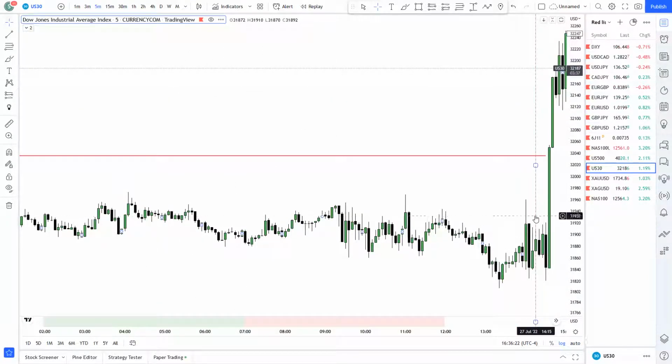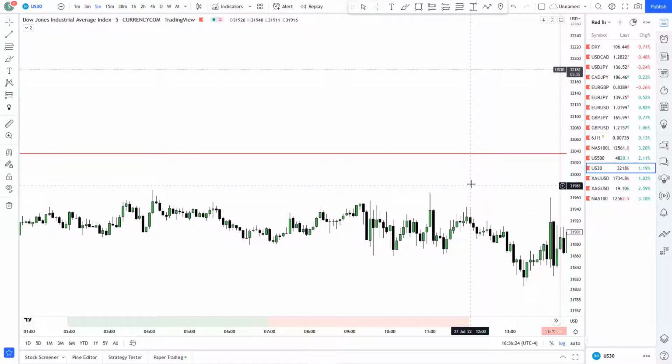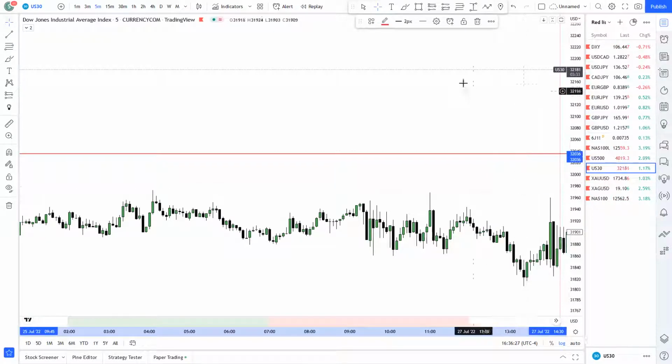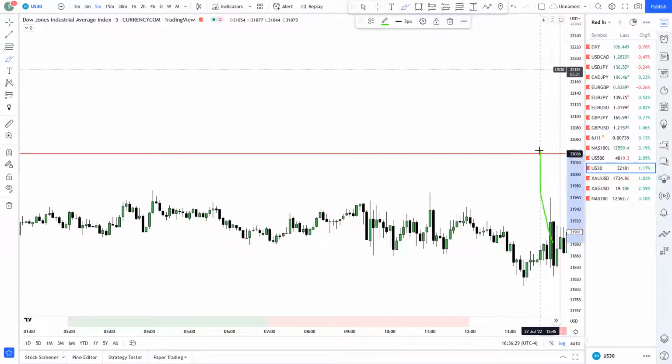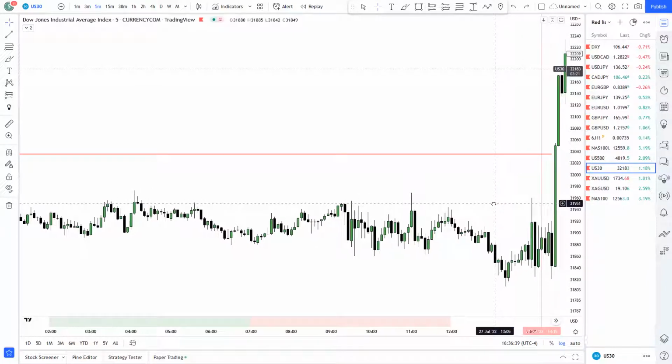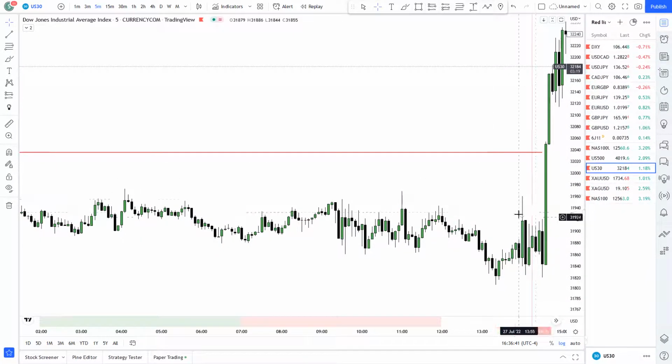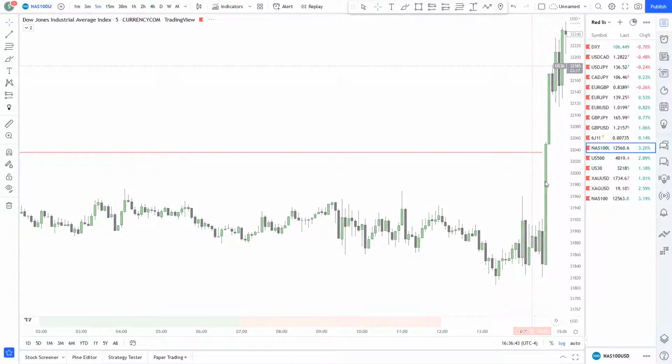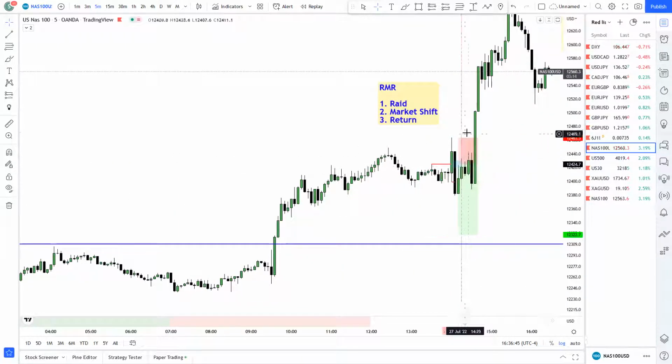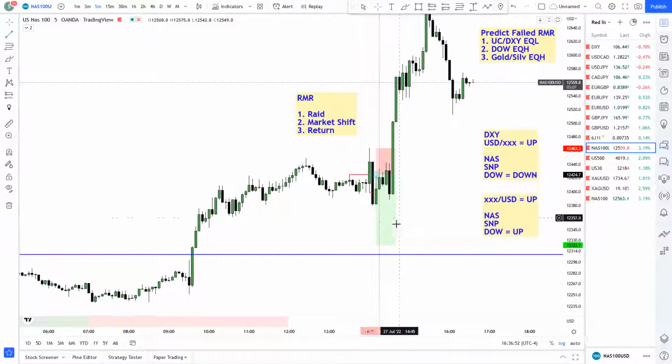At the time of where our entry would be, those equal highs had not been taken yet, but price would be drawn towards that area. So if price is likely to be bullish on the Dow, that means on the S&P and the NAS, it's also likely to be bullish. So that is the second reason why this bearish RMR trade is likely to fail.